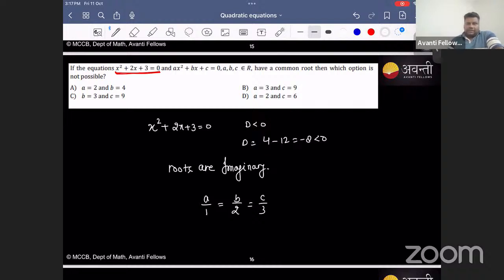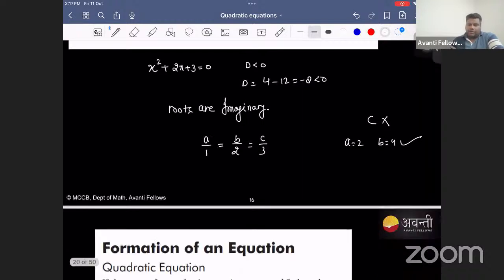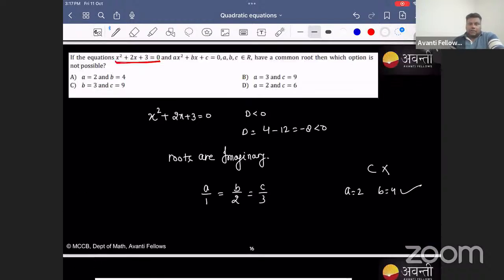Now, if you take B as 3, C will be 9 by 2. So, C option not possible. A option, if A is 2, B will be 4. This can exist. Got it? Now, if A is 3, C will be 9. This is also correct.